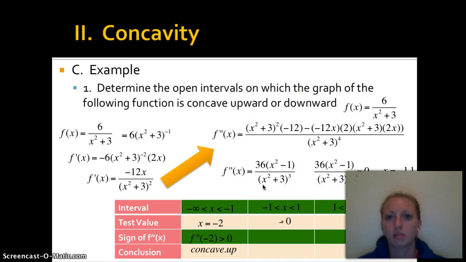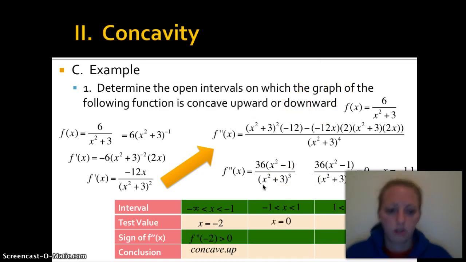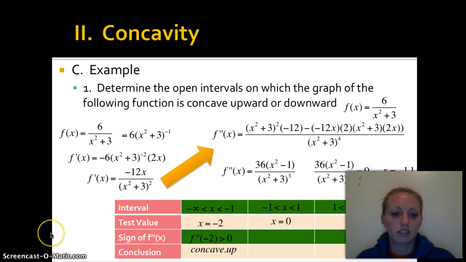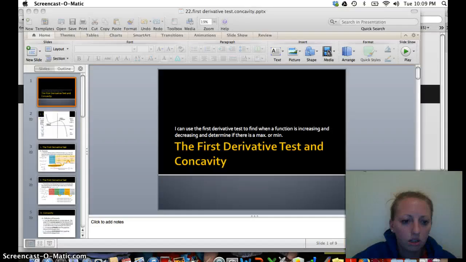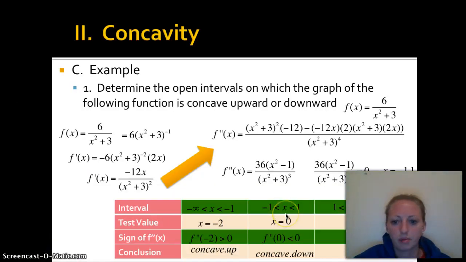If I plug 0 in, then that means it is less than 0, making it concave down. Okay, sorry about that. And then here I chose 2, and if I put 2 in, it is bigger than 0, meaning it's concave up again.